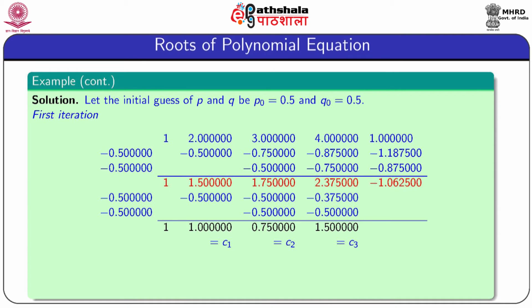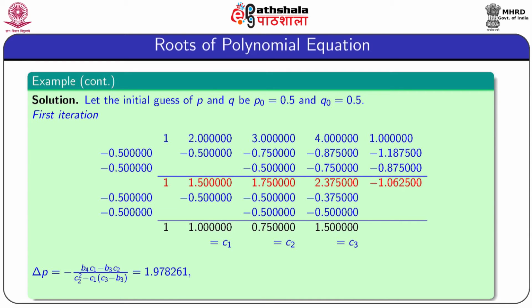The last row represents the coefficients of the deflated polynomial q of degree n minus 2, that means the coefficients of the reduced polynomial q are: first coefficient is 1, second coefficient is 1, third coefficient is 0.75 and last coefficient is 1.5. So, C3 is equal to 1.5, which is used by the method to find the values of the next iterated values of p and q.